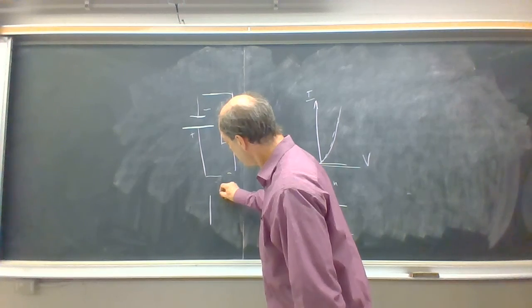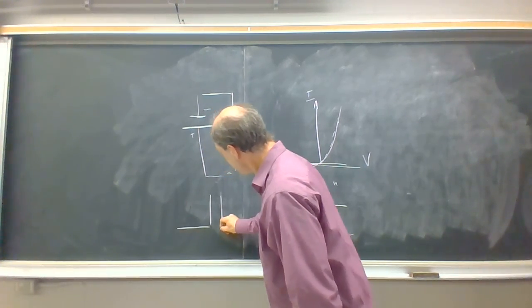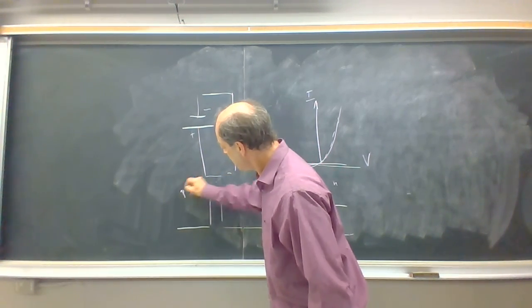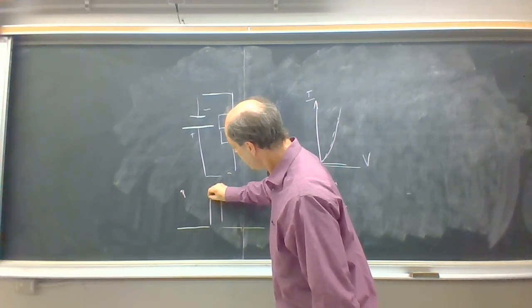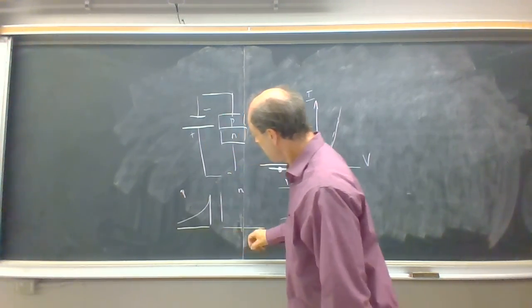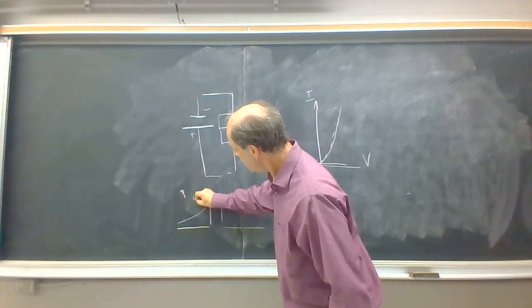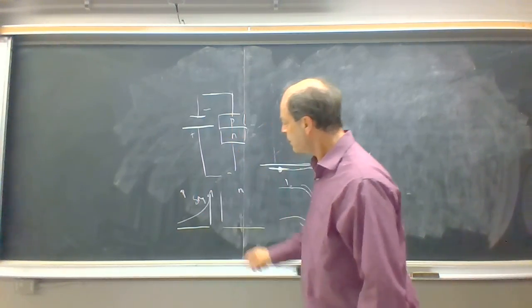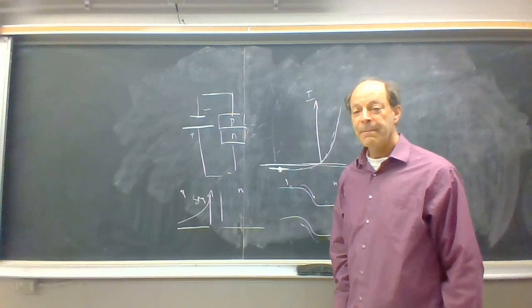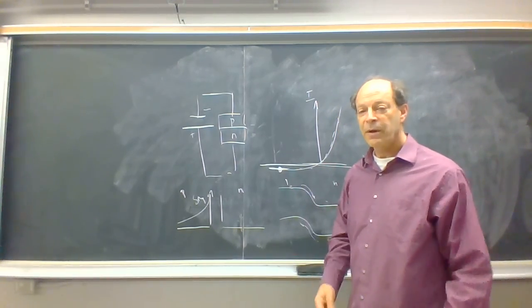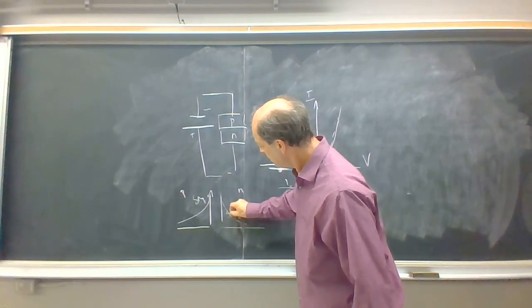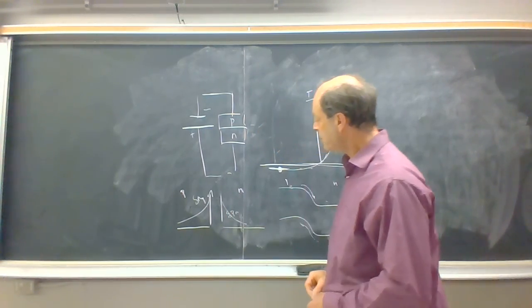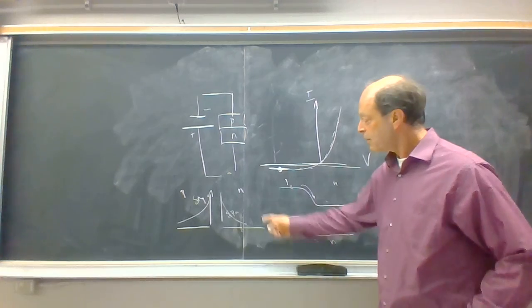We have a very nice model for forward bias, where on the P side the excess electron concentration, delta N sub P, builds up due to the forward bias, and correspondingly delta P sub N builds up in forward bias on the N side.